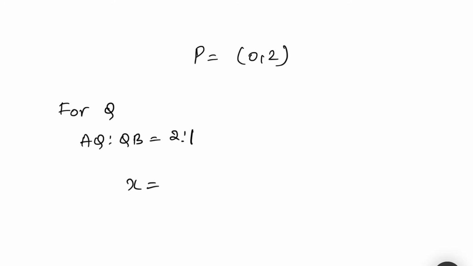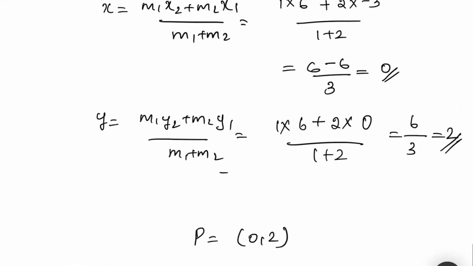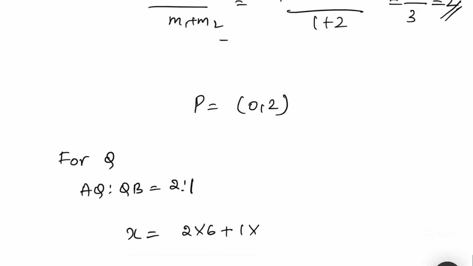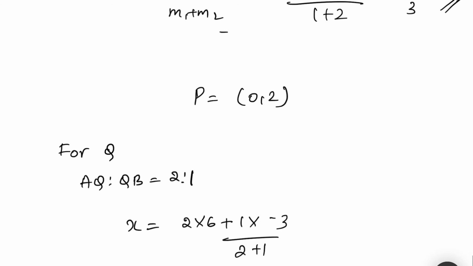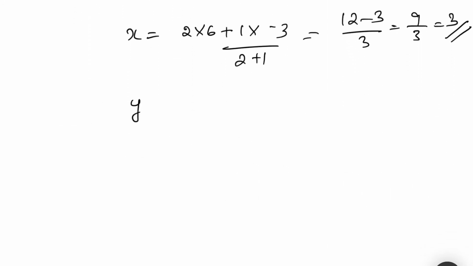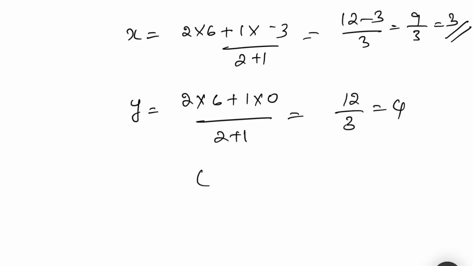X will be 2 into 6 plus 1 into minus 3 by 2 plus 1, that is 12 minus 3 by 3 equal to 9 by 3 equal to 3 you will get. And Y is equal to 2 into 6 plus 1 into 0 by 2 plus 1, that is 12 by 3 equal to 4. So point Q will be (3, 4).